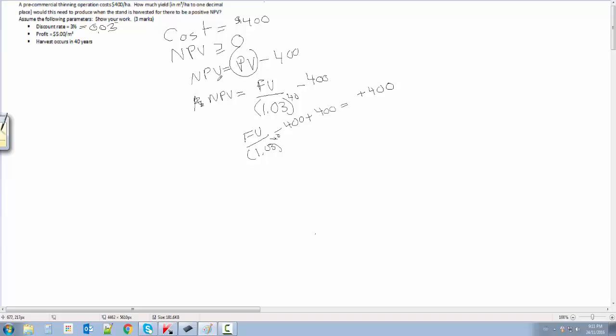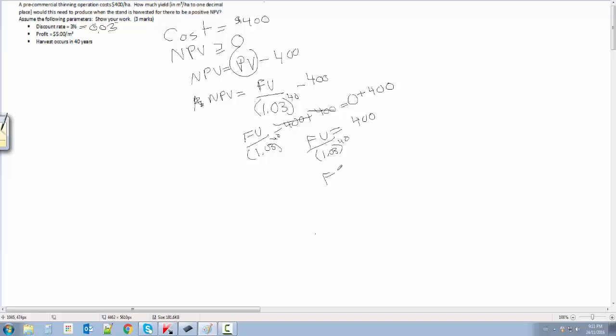This is where we said net present value had to be greater than or equal to 0, so I'm going to add 0 to 400. Now this cancels out, and we're left with future value over 1.03 to the power of 40 equals 400.